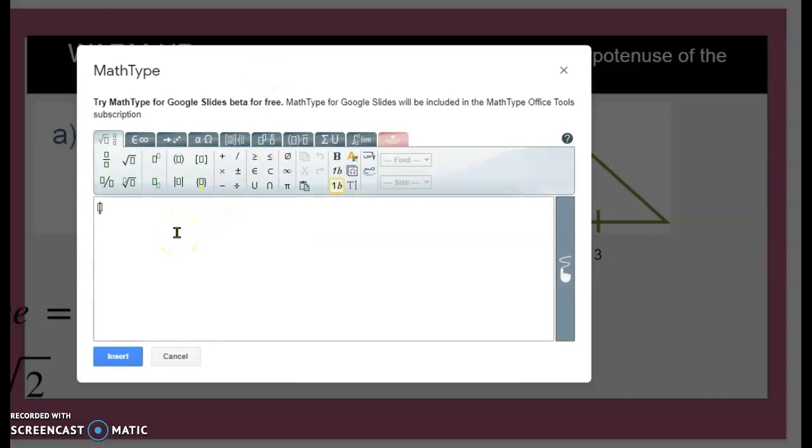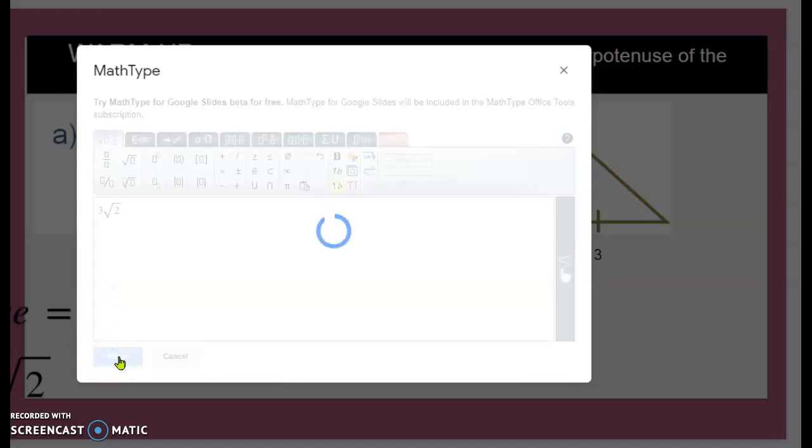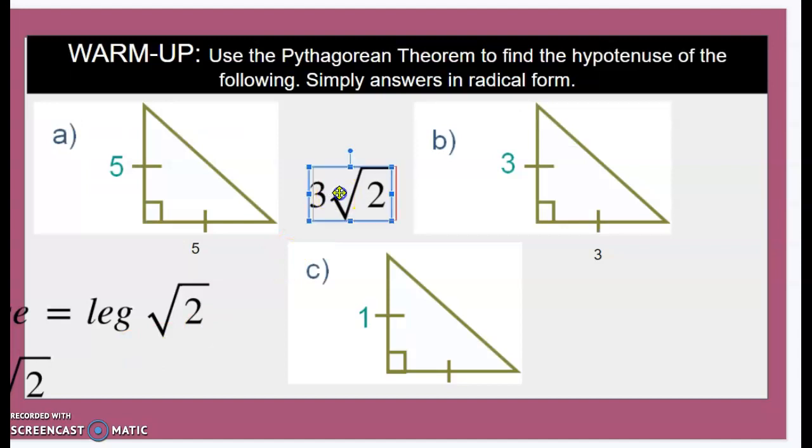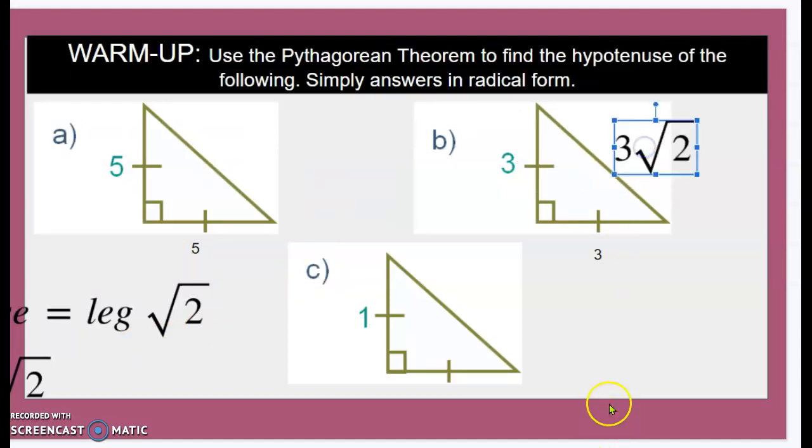Okay, so since the length of the leg is 3, all we have to do is multiply by the square root of 2. And that's the length of our hypotenuse. Simple. Easy cheesy. All right.